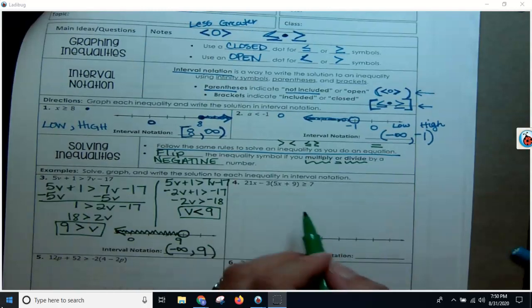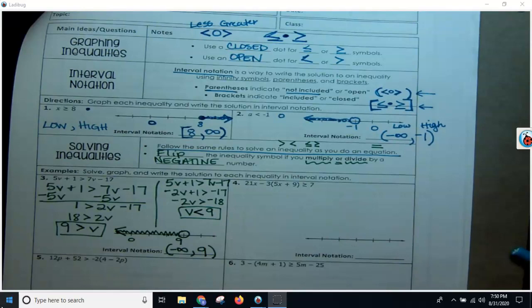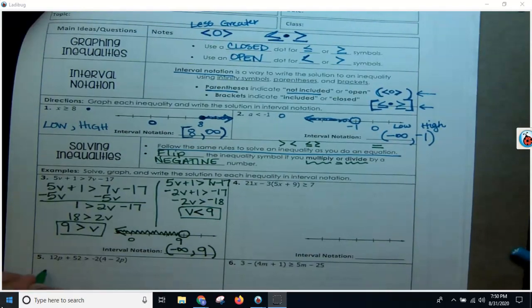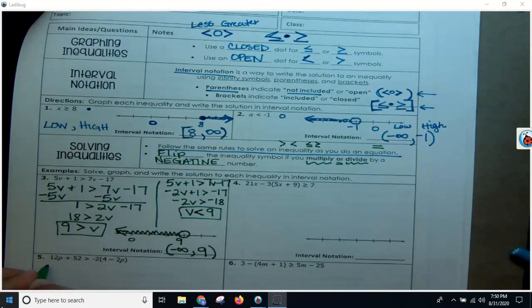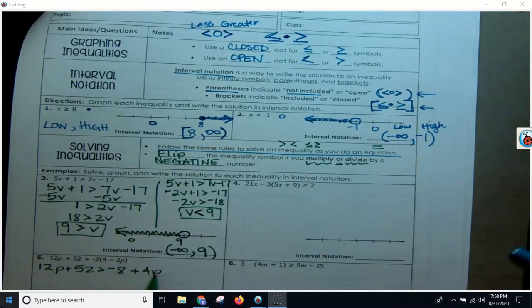Now, in this case, we're going to do the exact same thing. Let's do 5. So we're going to have 12p plus 52 greater than, I'm going to distribute that too. So negative 8 plus 4p, because the negative times the negative is a positive.